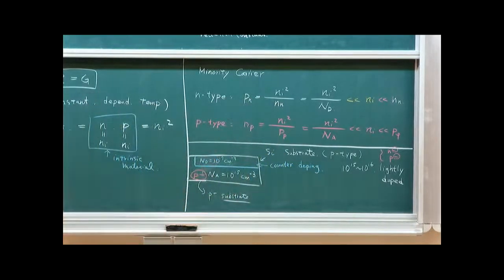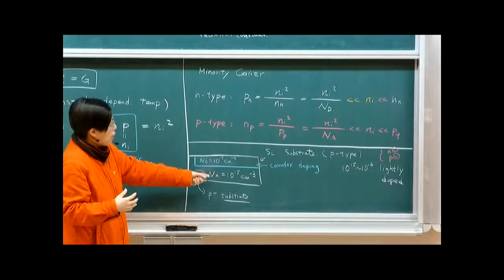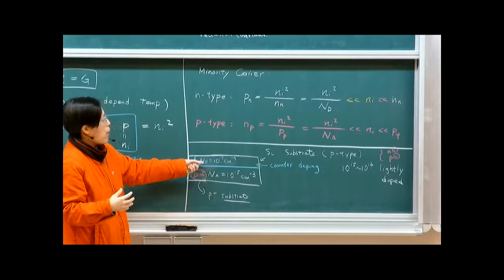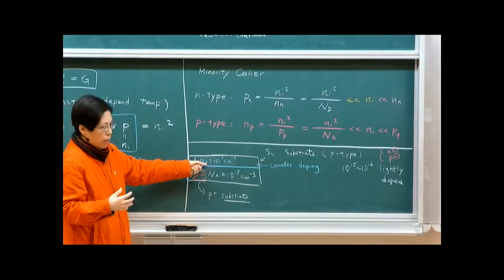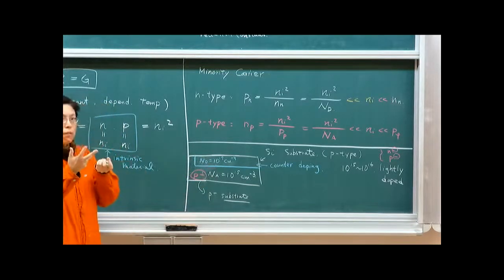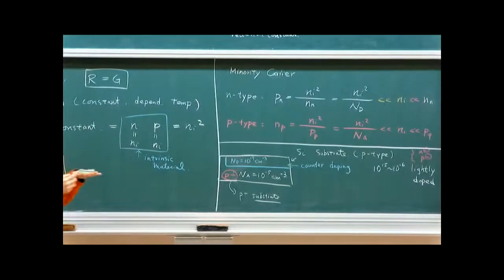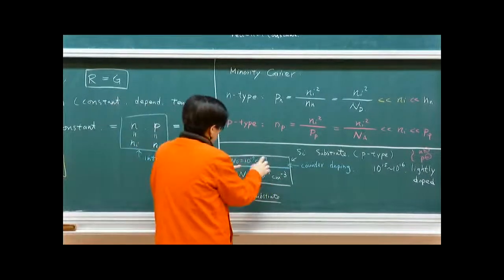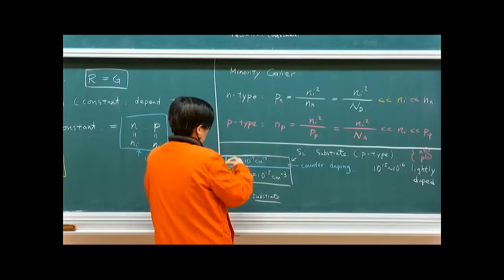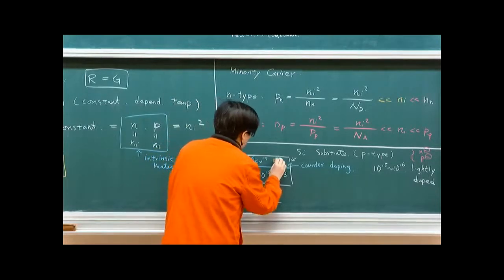What happens is a little bit like acid-base neutralization: you start with an acceptor type and then you add a donor type, so that it counters the effect. Therefore, because this is more highly doped, this is the N region.